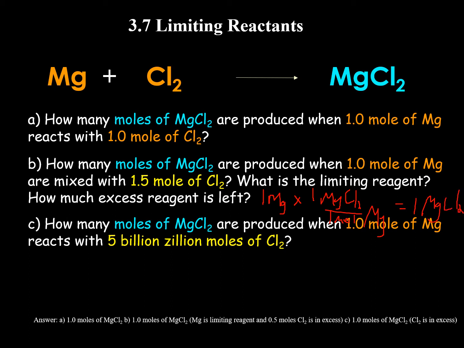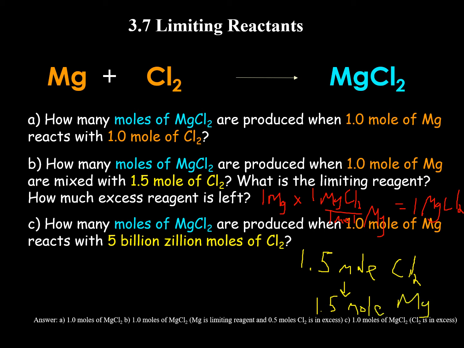Conversely, if we look at the 1.5 moles of Cl2, the ratios again are 1-to-1, so 1.5 moles of Cl2 will give us 1.5 moles of MgCl2.